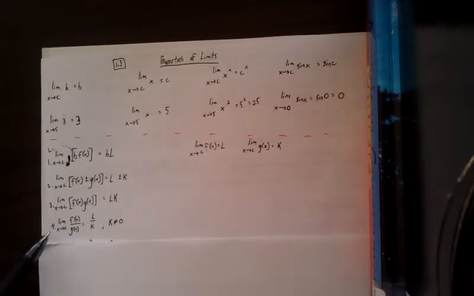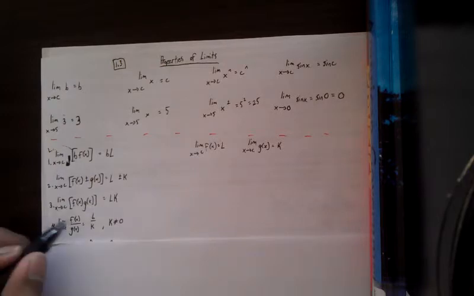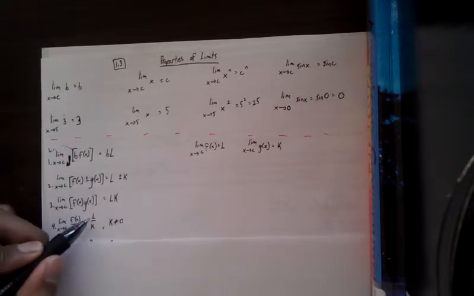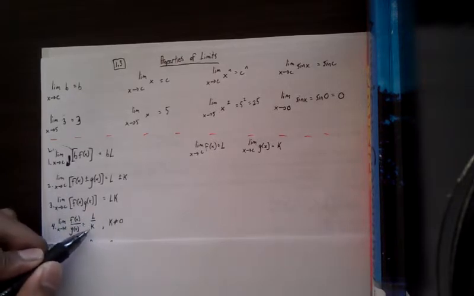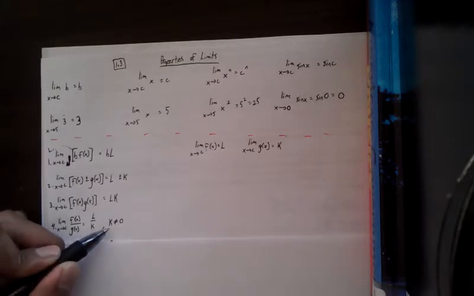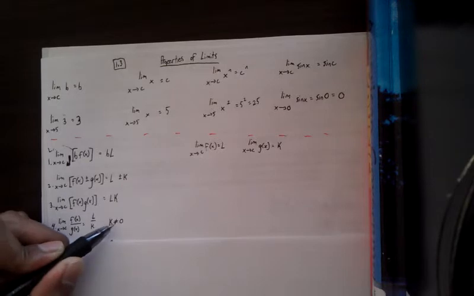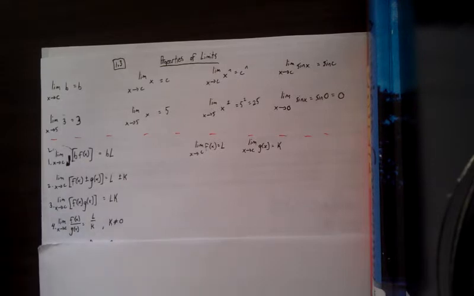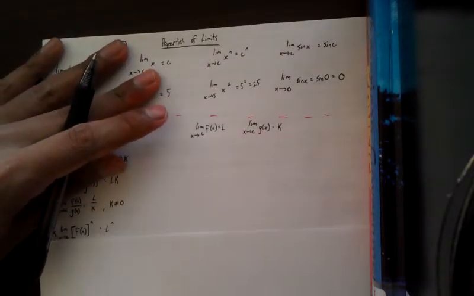Number 4, the limit as x approaches c of f of x divided by g of x is just going to equal the limit of f of x divided by the limit of g of x, so long as the limit of g of x does not equal 0, or else in that case it would be undefined.